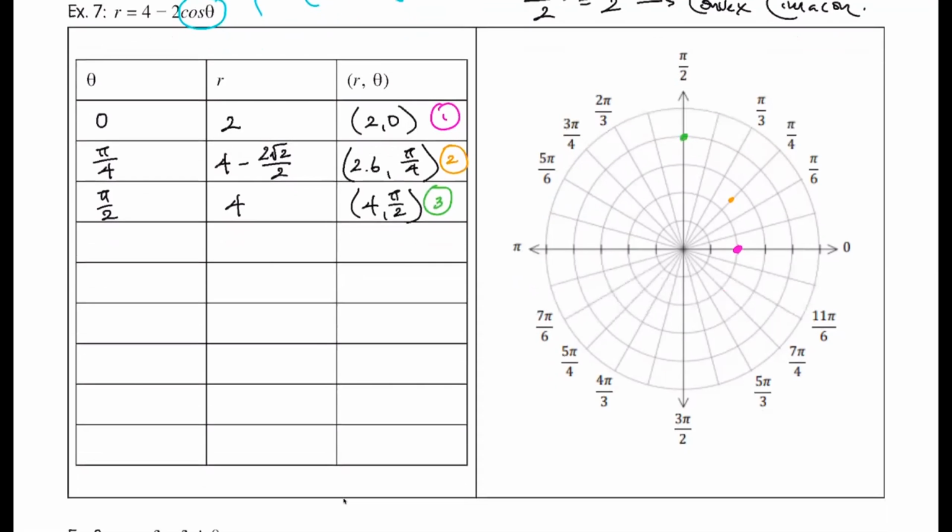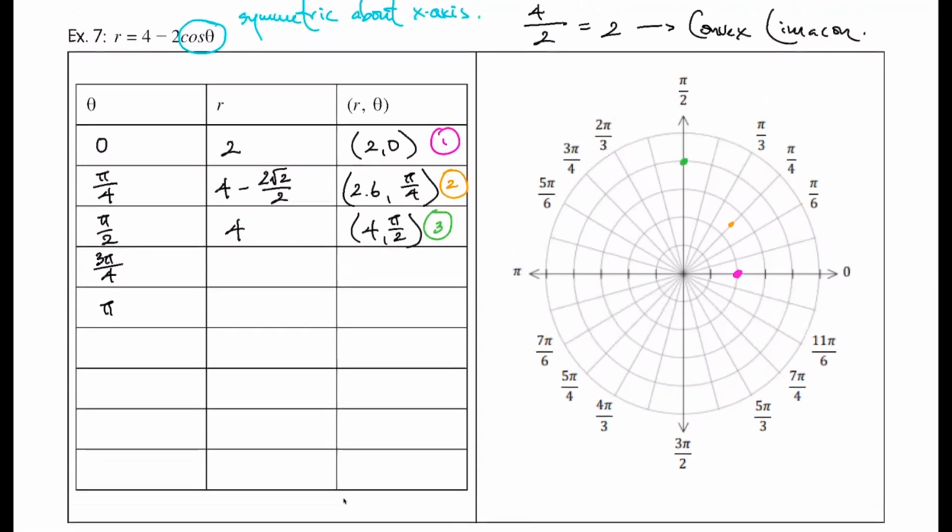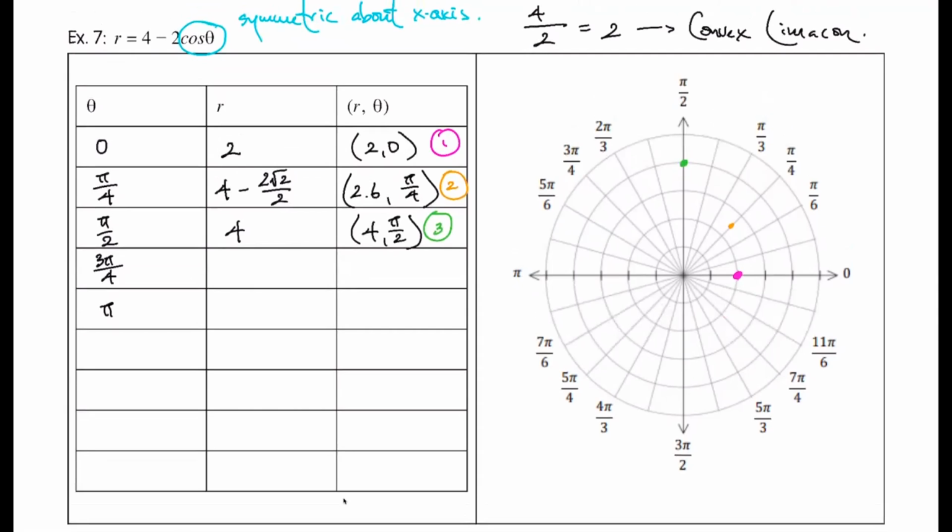And let's take a moment and do some of the other ones. 3 pi over 4. Let's see, 3 pi over 4 has a cosine that's negative, so 4 plus 2 over root 2 over 2. So 4 plus root 2.